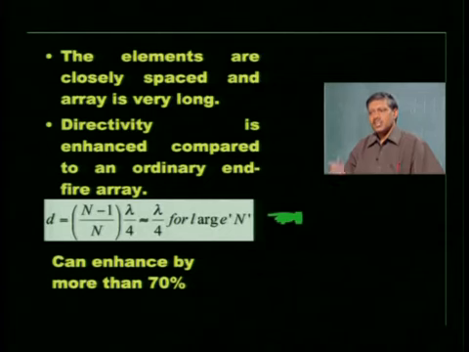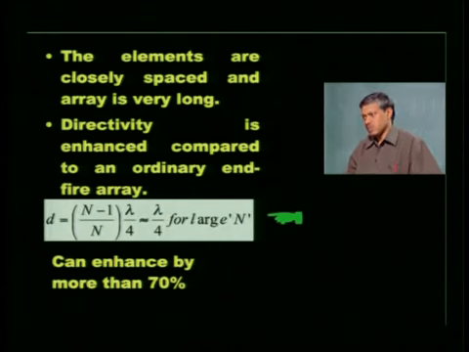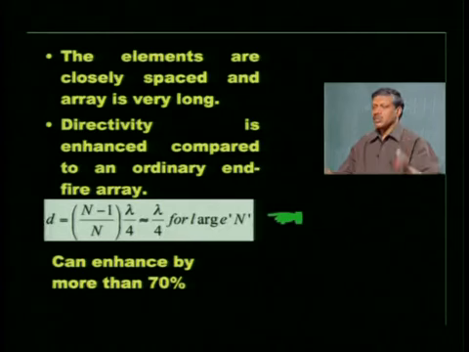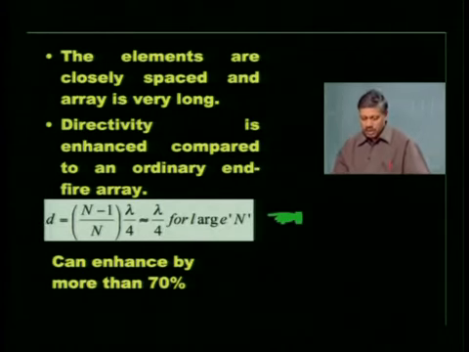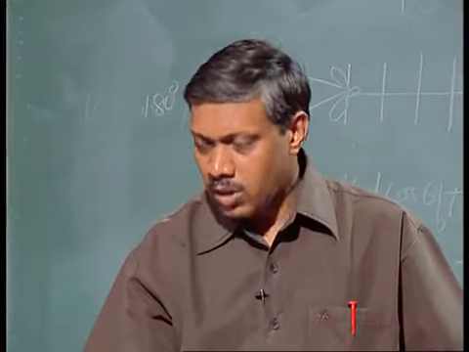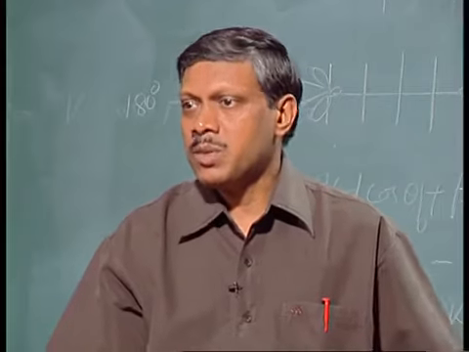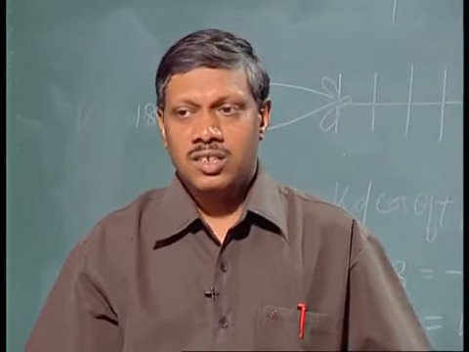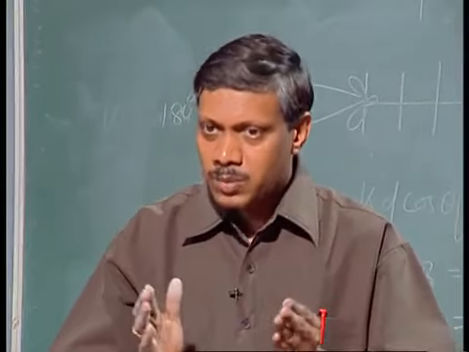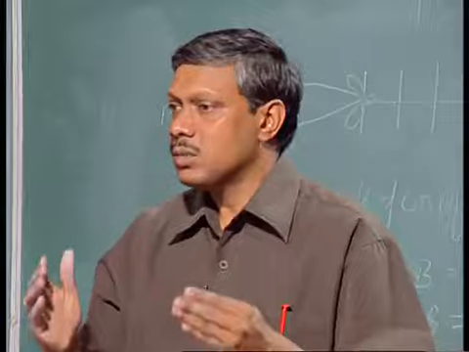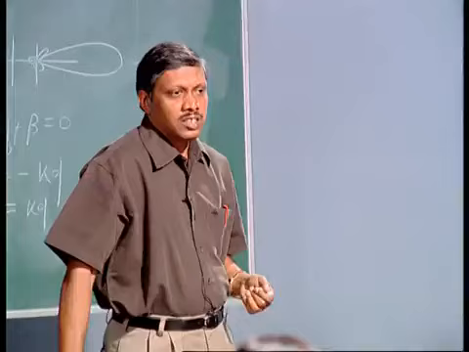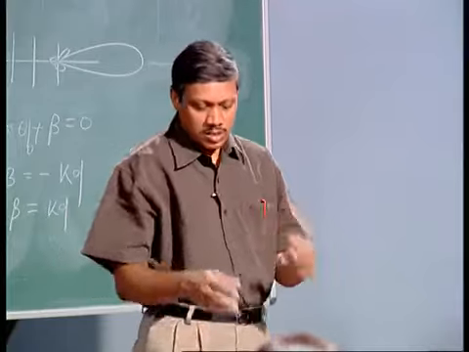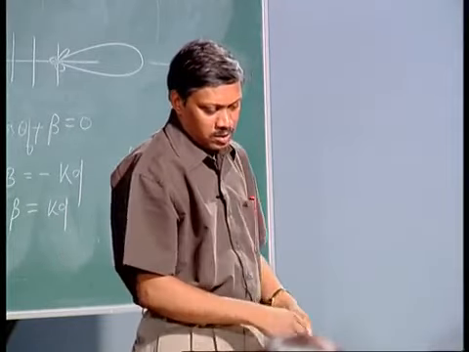So, that is why the separation between the elements of the endfire array under the Hansen-Woodward condition is lambda by 4. Because of this pi by n addition, the array gives more than 70% enhancement in the directivity. Depending on your spacing, you will get different enhancements in the directivity, 73%, 74%. When we solve some problems in this direction, I will show you how it is done.